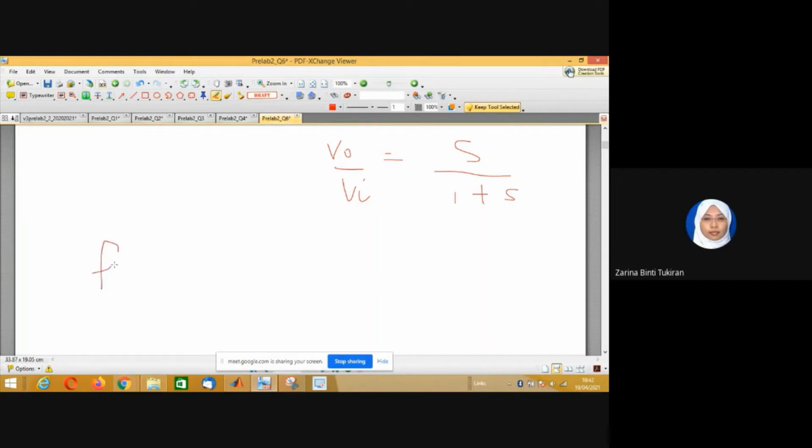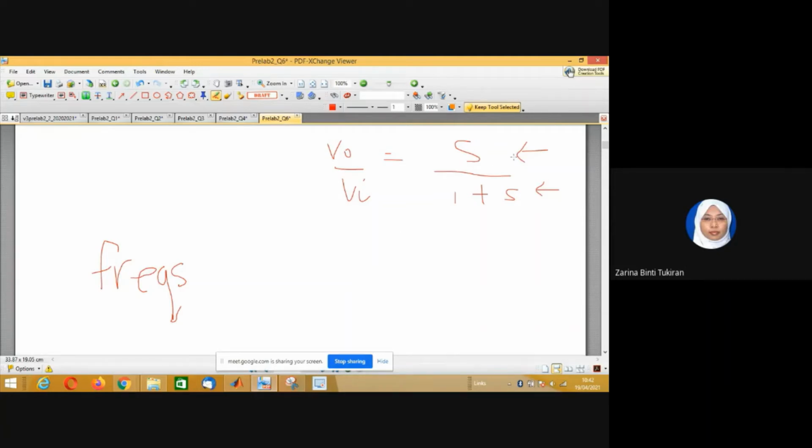the freqs function. In this freqs function, it requires the numerator and denominator coefficients, right?